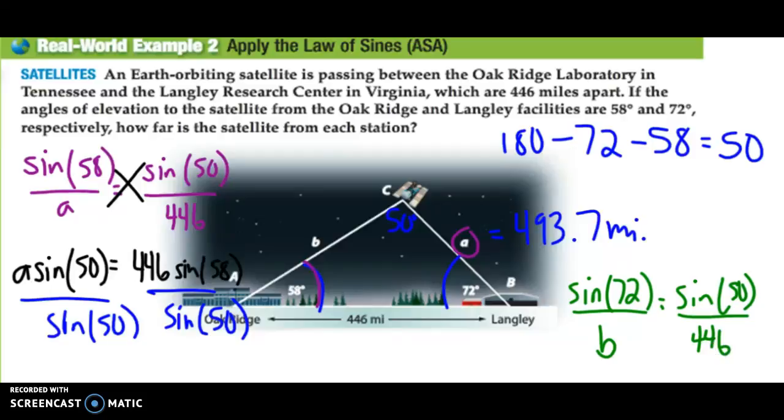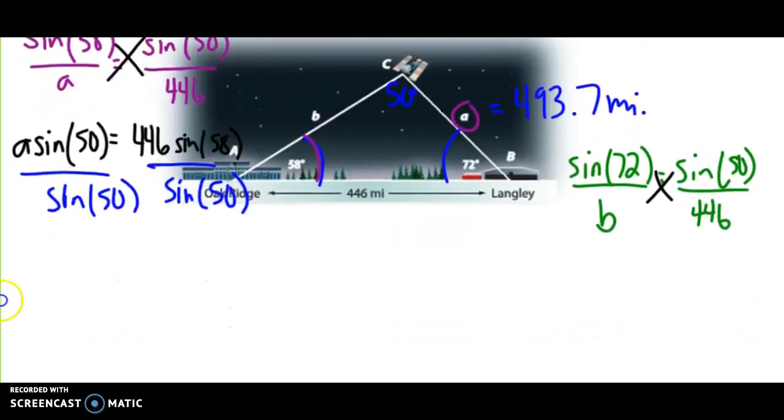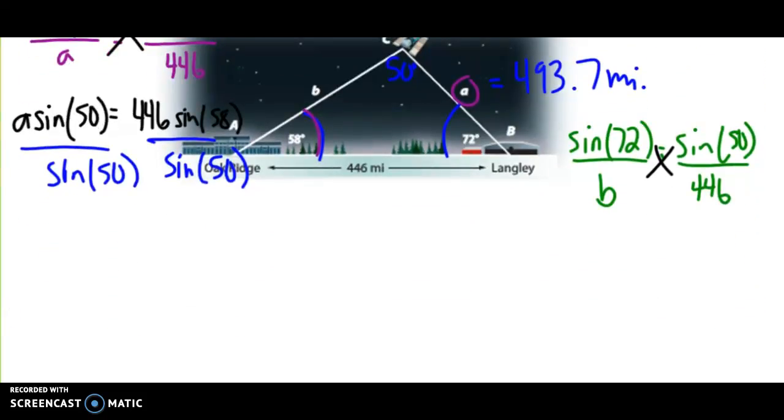Again, cross multiply. And I get B sine of 50 is equal to 446 sine of 72.